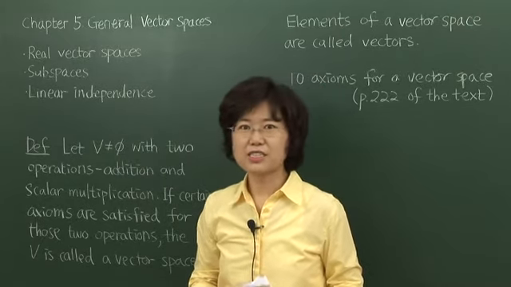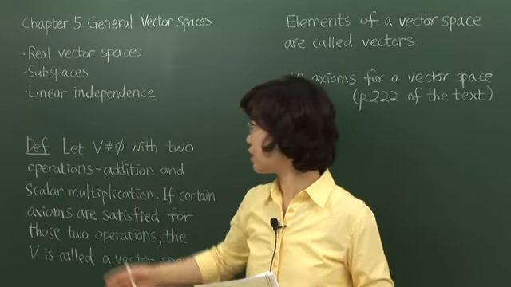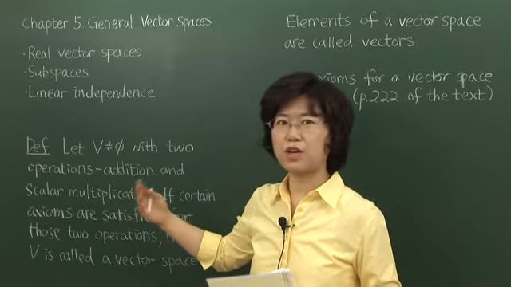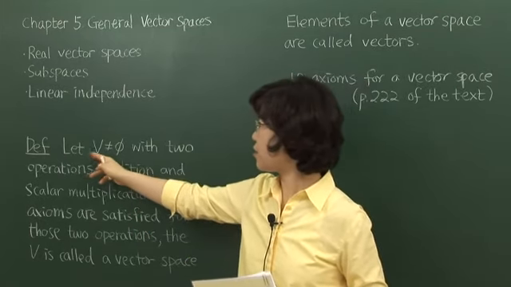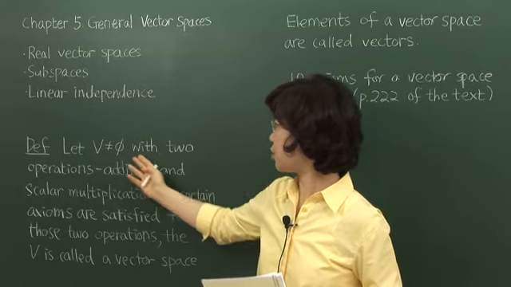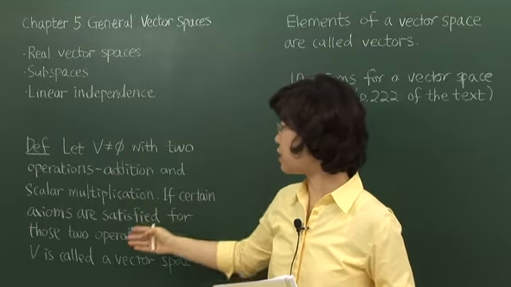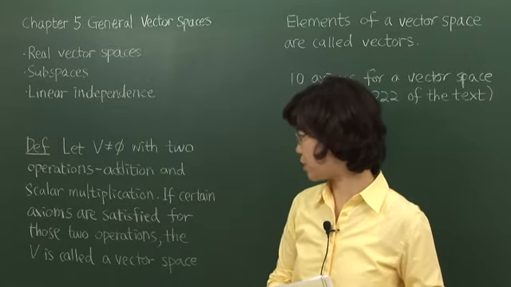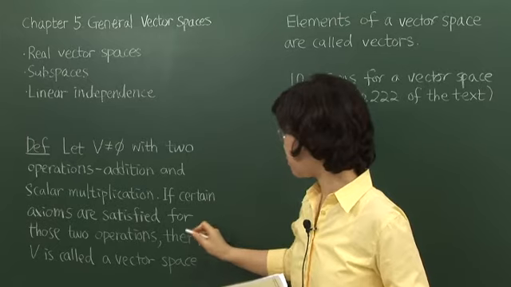A vector space is something with addition and scalar multiplication defined on it, and such that those two operations satisfy certain axioms. So let V be any non-empty set with two operations, addition and scalar multiplication. If certain axioms are satisfied for those two operations, then V is called a vector space.